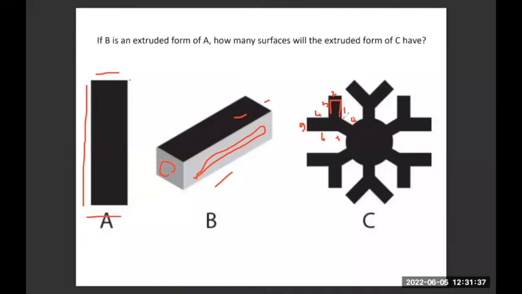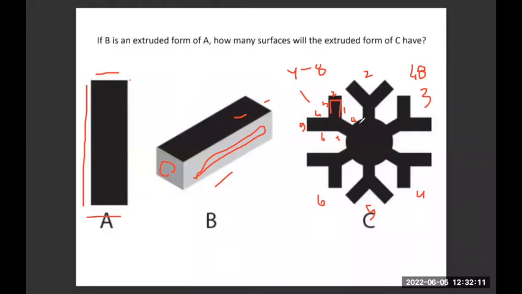It has this Y, which you can see here. There are 8 lines here. This kind of Y is happening 1, 2, 3, 4, 5, 6. There are 6 Ys such as this. So 8 into 6 is how much? 48. So there will be 48 lines here, which means 48 surfaces, correct?